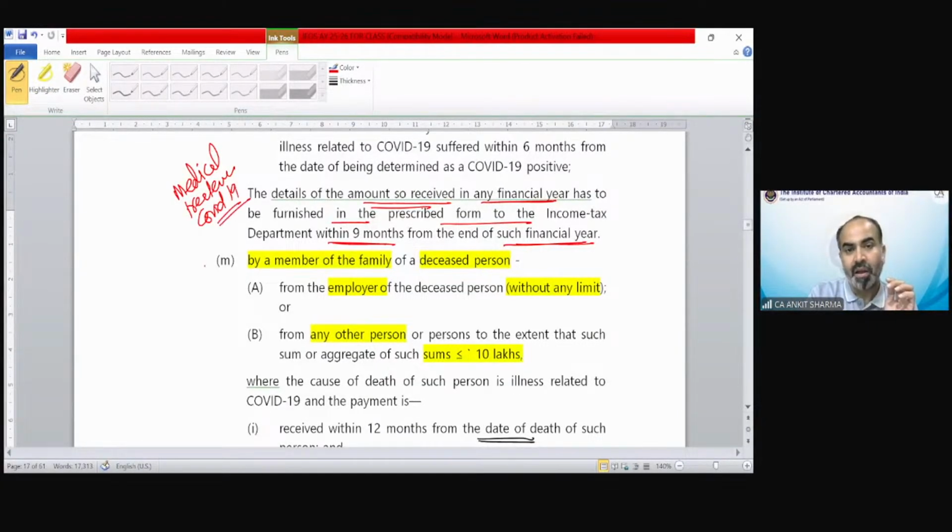COVID-19. Now this is if due to COVID-19, any death has occurred, and on death, if an amount is received, that is also going to be exempt. So death should be due to COVID-19.